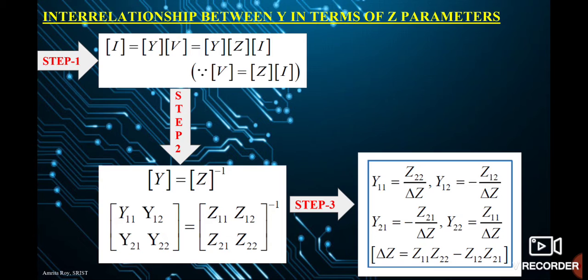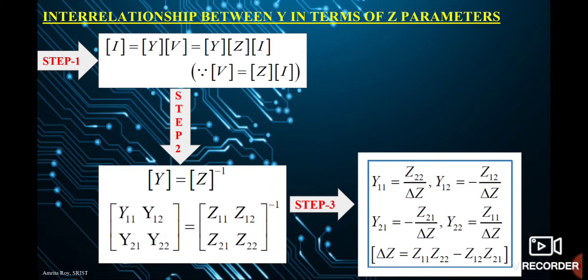And then in the Y matrix we are going to put down the values of the Y parameters as Y11, Y12, Y21, Y22, and in the Z matrix we will write down the Z parameters as Z11, Z12, Z21 and Z22.